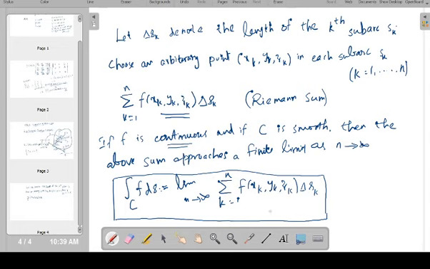So each time you will get a different answer for this sum. The thing is that the limit is the same, and that limit is called the integral of f over C, denoted by the integral over C of f d small s. Thank you.